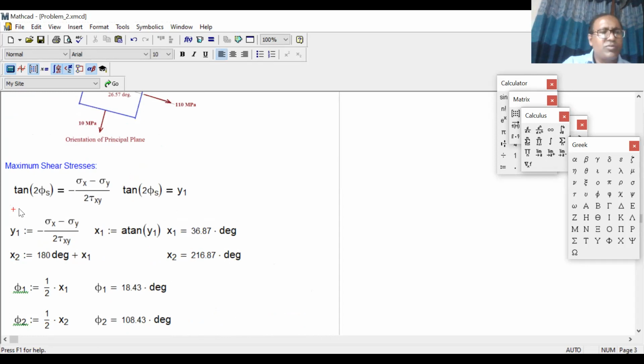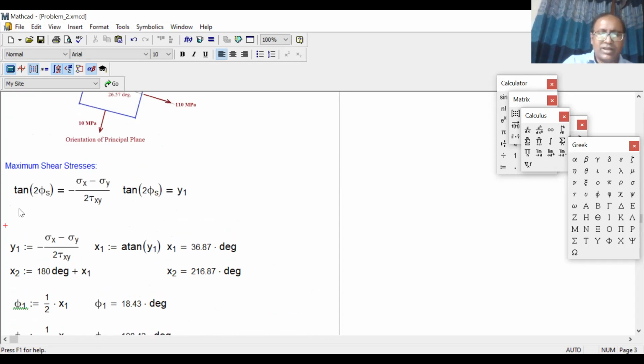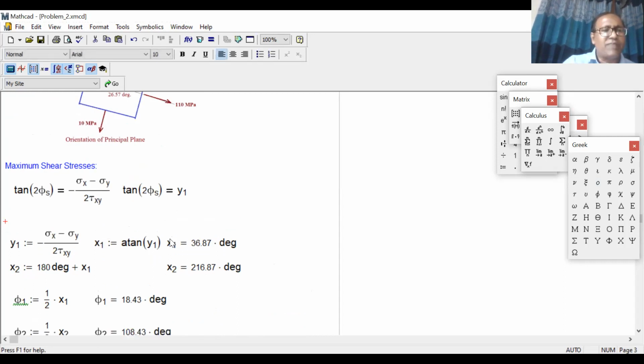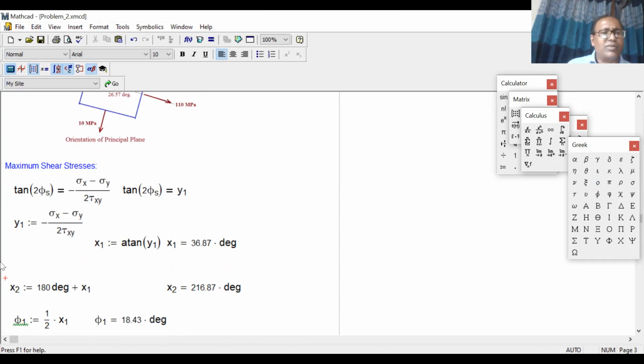I can put it over here, but I can say y1 equal to how much? This value is not given, but I figure it out from here. You see, y1 is right over here. I think I can figure out y1. Let's see. It shows me the y1. Okay, 0.75. That means tan 2 phi s.